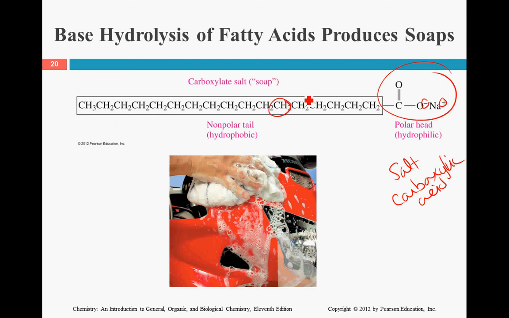Carbon and hydrogen are very close to one another in electronegativities, which makes them nonpolar. And if you remember from previously, like dissolves like. Which means a nonpolar compound is going to dissolve in a nonpolar compound, and a polar compound is going to dissolve in a polar compound.